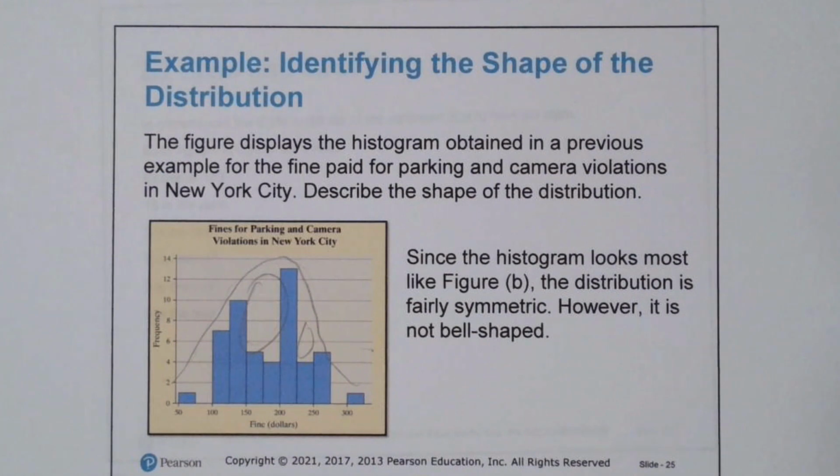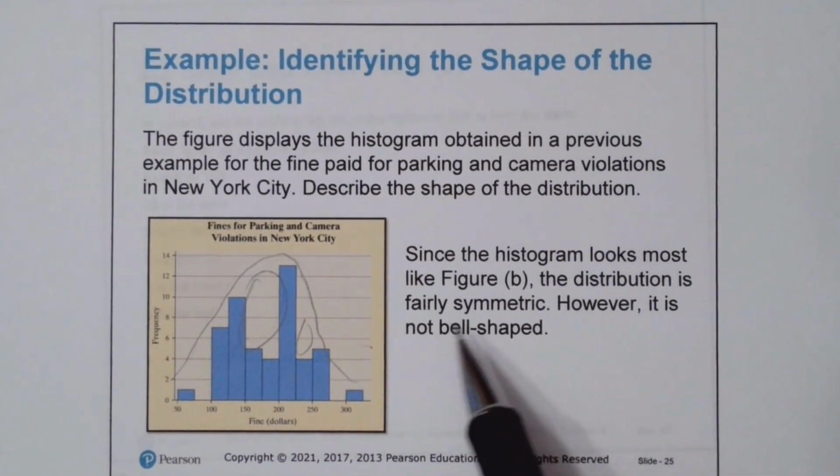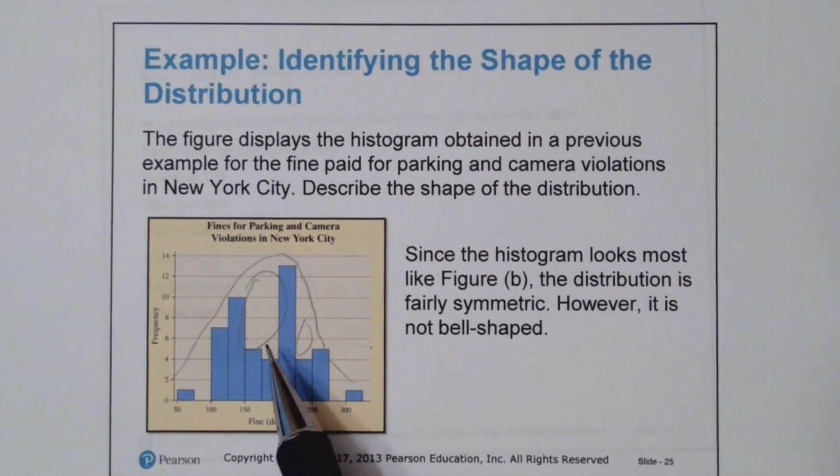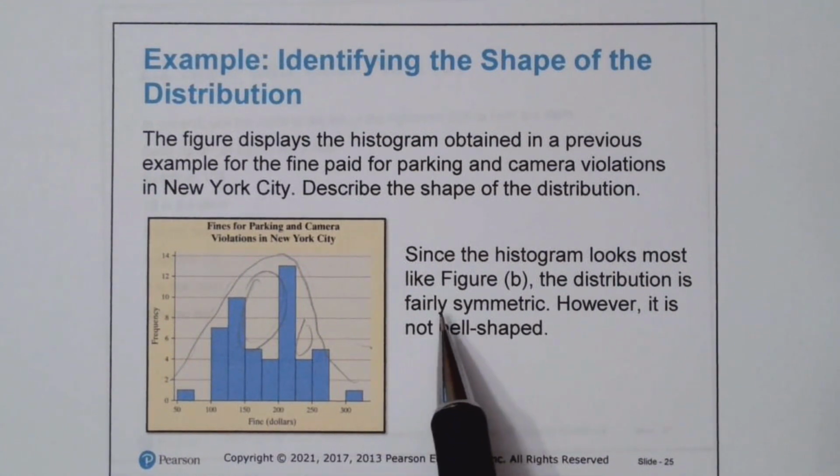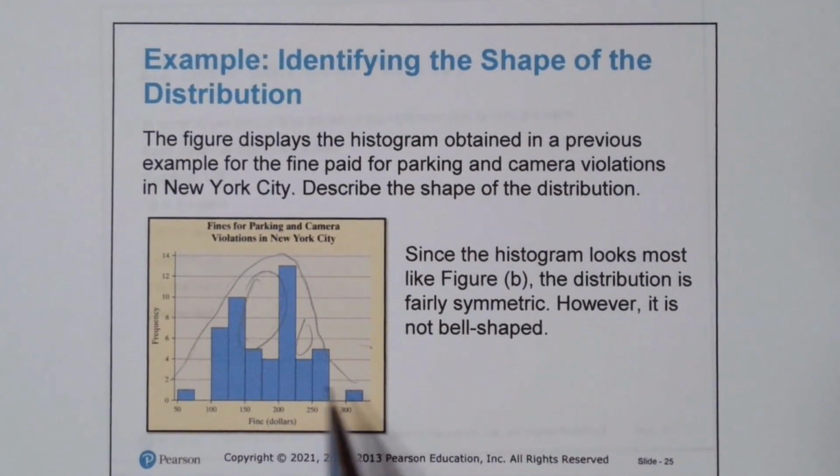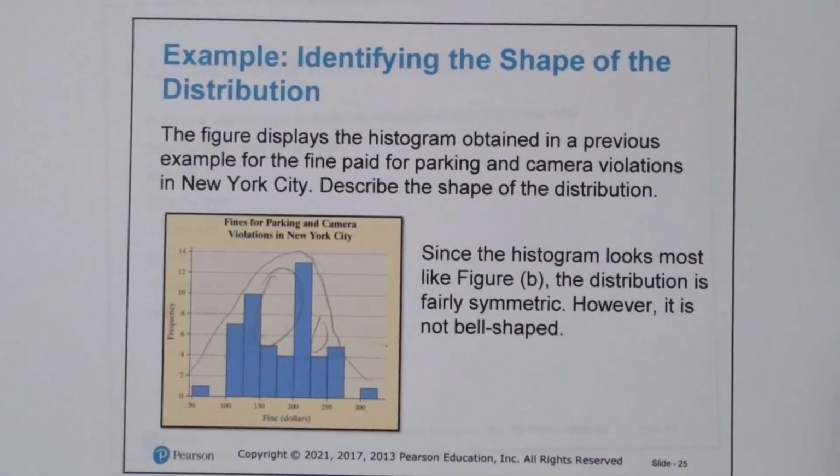So it's not really bell-shaped. It kind of has some of that shape, but we wouldn't say it's bell-shaped because it's not symmetric, although there is some symmetry going on here. You can see here and here and here and here, maybe even here and here, but that's about all you could say about that one.